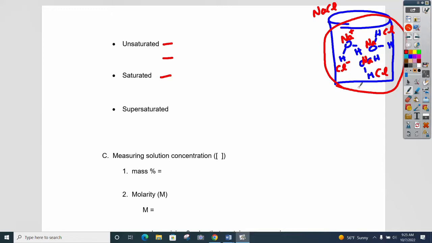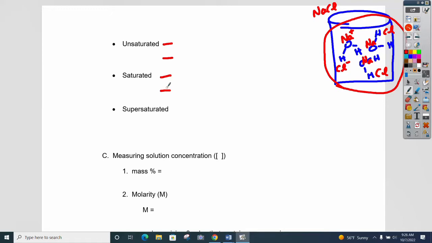So one more time, a saturated solution is where you have dissolved the maximum amount of solute possible. It's important to add to your notes what would happen if you add more solute. In this case, if I added another crystal of sodium chloride, it would just sink to the bottom, right?